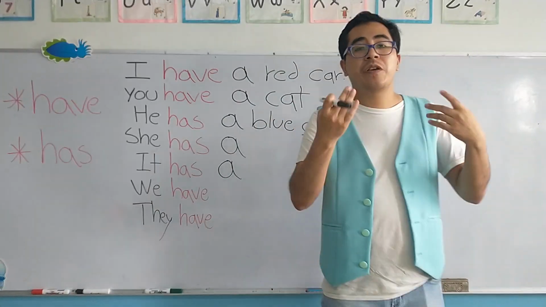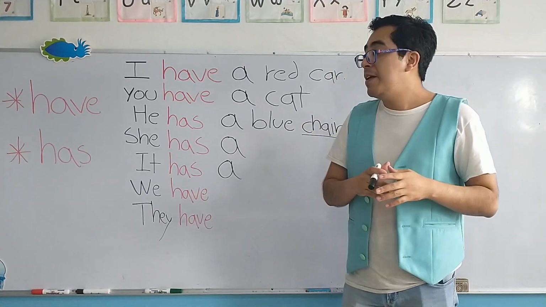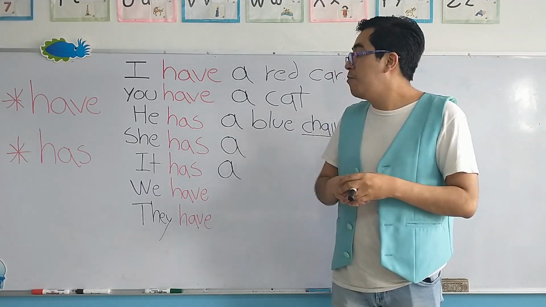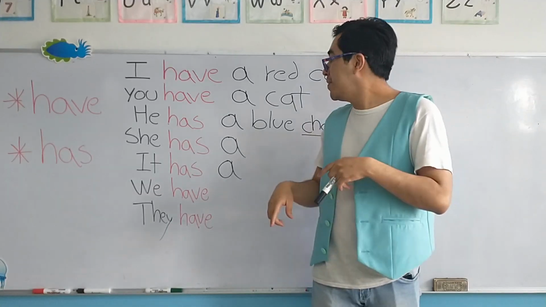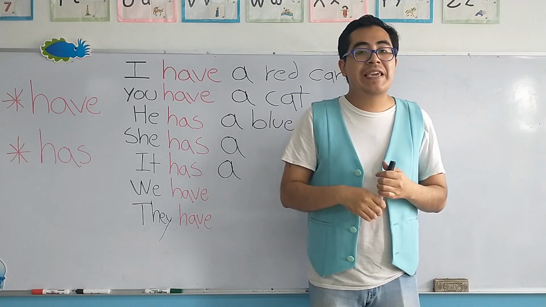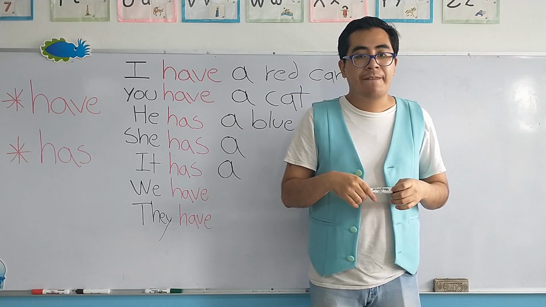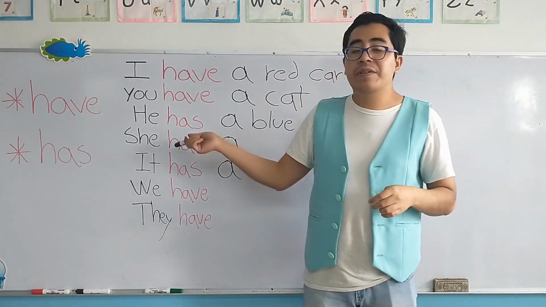Chair is the object that we use to sit down. Recuerden, chair, una silla. Now, in Spanish, it would be something like, he has a blue chair. Él tiene una silla azul. Okay? Very good. Let's continue with the next one.